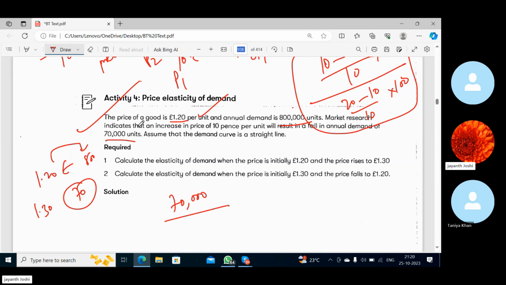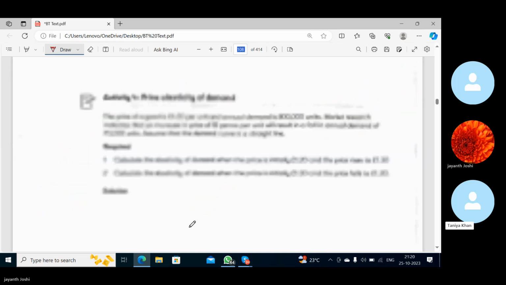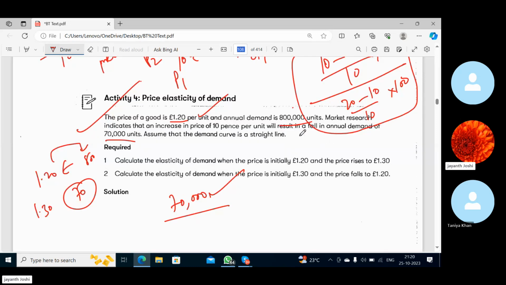So the price increased to 1.30, and it will result in a fall in demand of 70,000 units. So what shall we do here? They did not say that it will become 7,30,000 units or something like that. They directly gave the change, right?